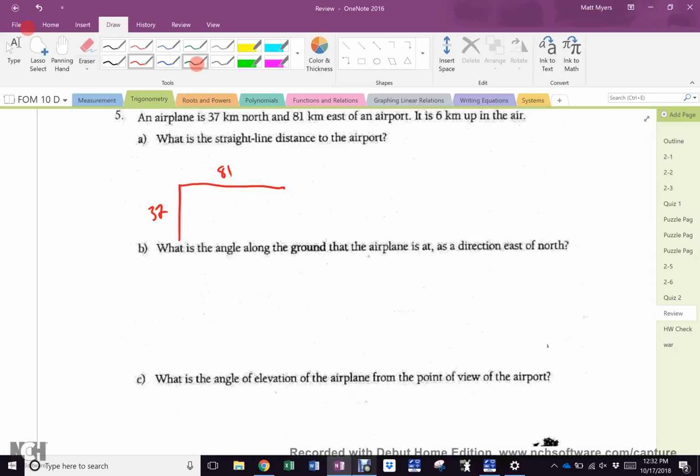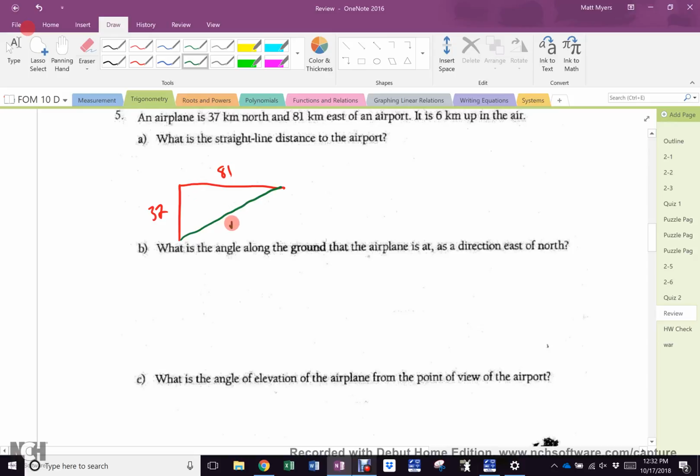And the plane would be that distance from the airport, yes? How would you find that distance? You can't do trig. You could do trig once you found this angle by doing shift tan, but you would do Pythagoras. Gervir, you were going to say Pythagoras.